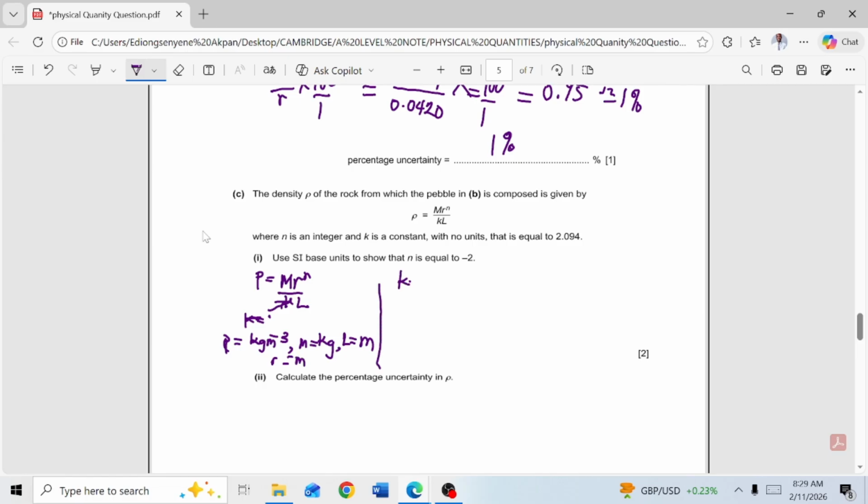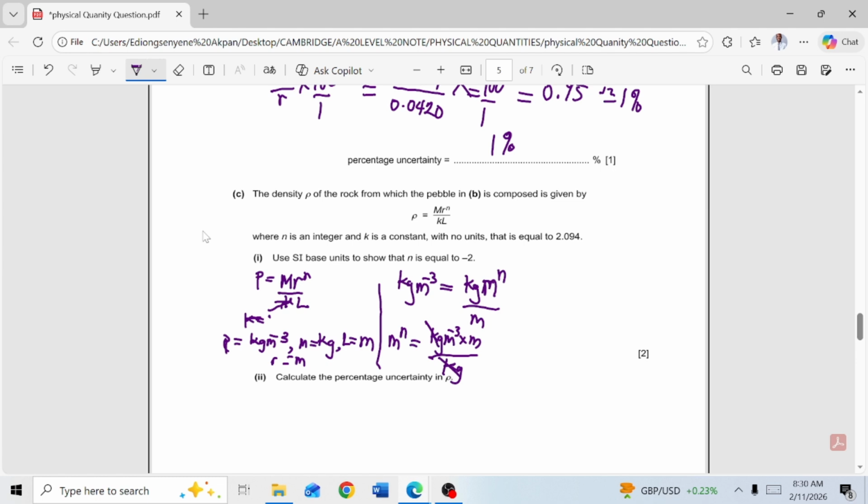We have kilogram per meter cube equal to kilogram times meter raised to power n divided by meter. This will come to this other side. Let's isolate m raised to power n. So we have m raised to power n equal to kilogram per meter cube times meter divided by kilogram. See that this will cancel this.